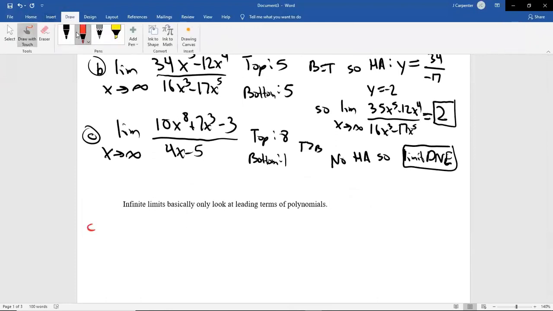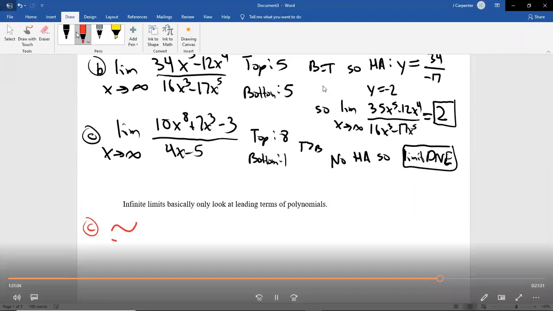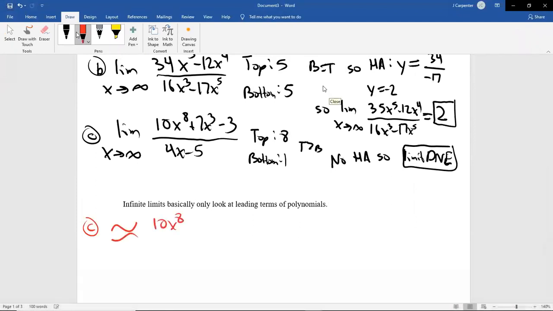With C, this thing is approximately, when you get near plus or minus infinity, 10x to the 8th over 4x. But this 10x to the 8th over 4x reduces to 5 halves x to the 7th. And if you plug infinity into x to the 7th, it's infinity.